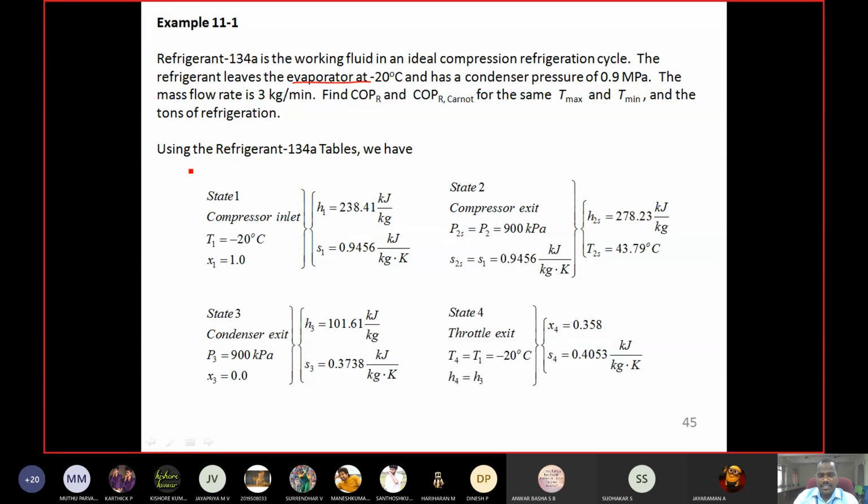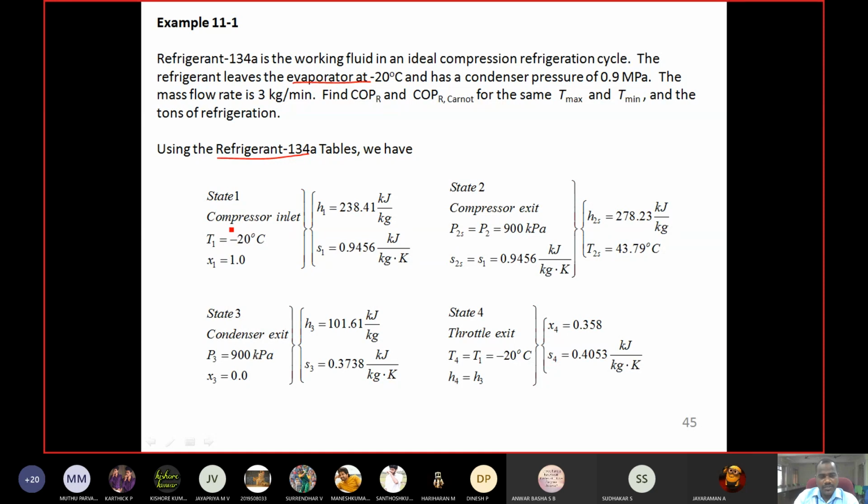Using refrigerant 134A, we can refer to the data, like our normal steam tables, the property tables and charts, to get the properties of refrigerant 134A. We discussed that a lot in the previous units, so you can refer to that.